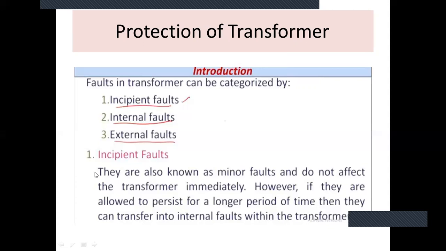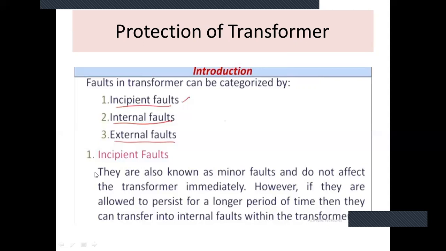But if this type of fault persists for a long period of time, it may be converted into an actual electrical fault, or you can say an internal fault of the transformer. So there is a need to detect such faults early.